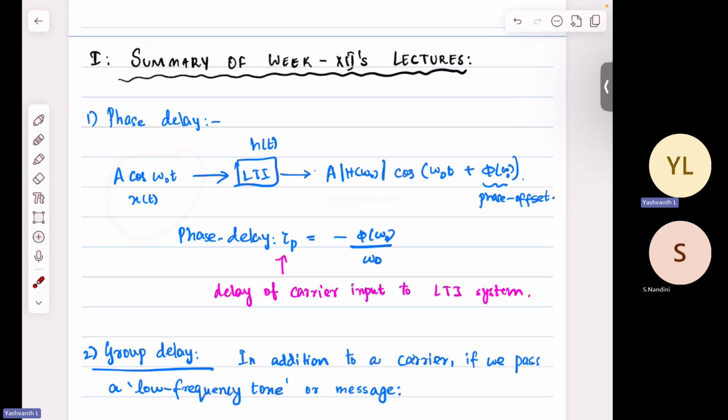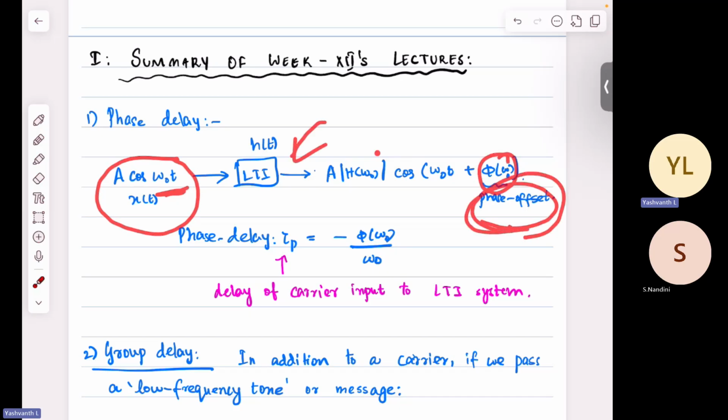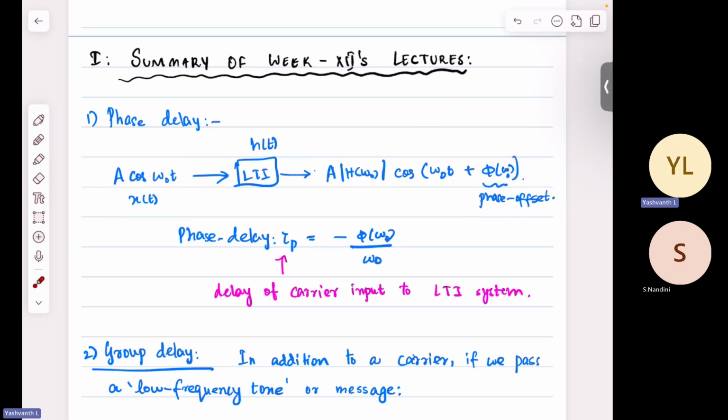The output will be A times mod of H of omega naught times cos of omega naught t plus phi of omega naught. That is, the input does not have any phase, but the output has some phase offset. The system is introducing some phase offset, and it is also scaling the signal by an amplitude scaling of mod of H of omega naught.